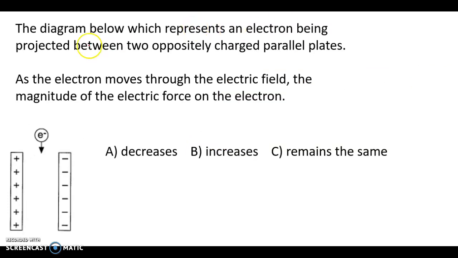Here, the diagram below represents an electron being projected between two oppositely charged parallel plates. As the electron moves through the electric field, the magnitude of the electric force on the electron, be aware of this word, on the electron, will it decrease, will it increase, or will it remain the same?